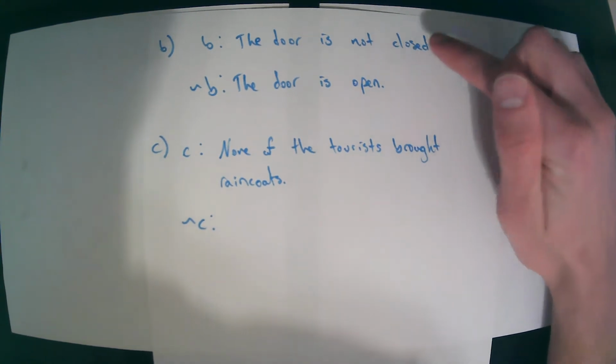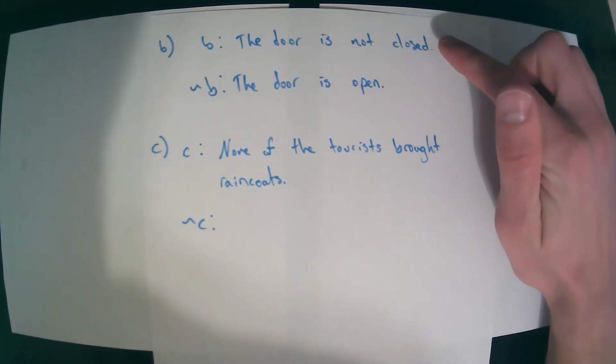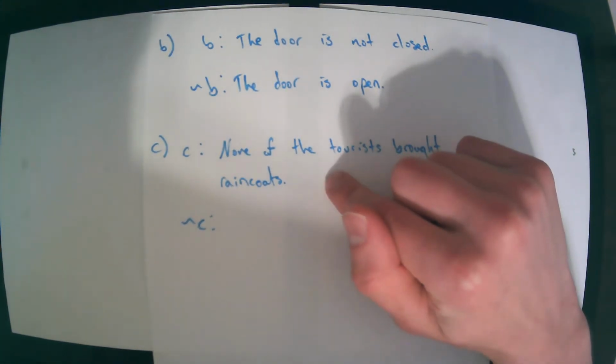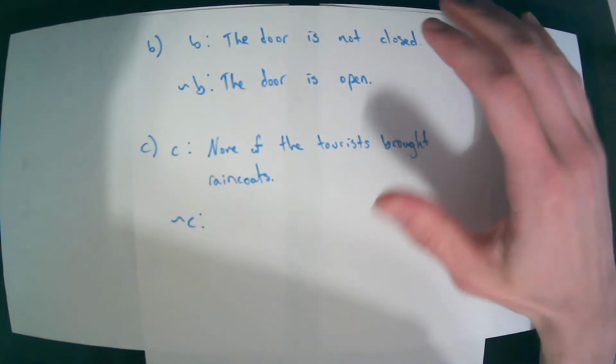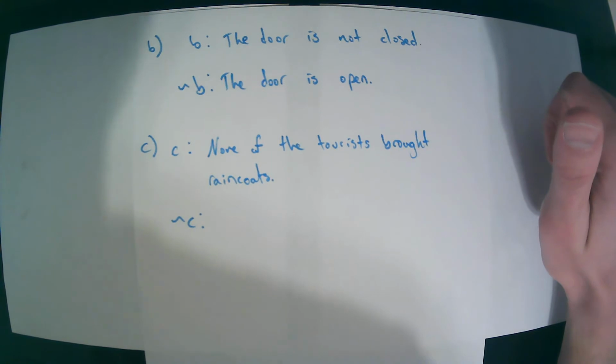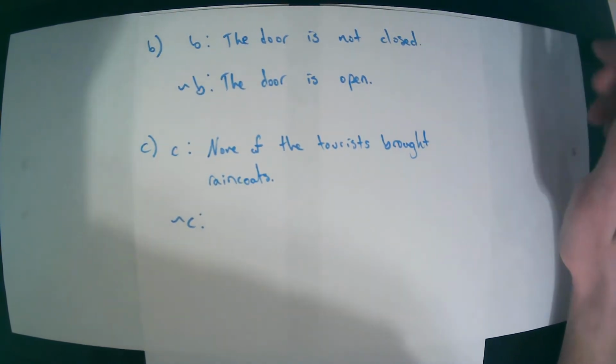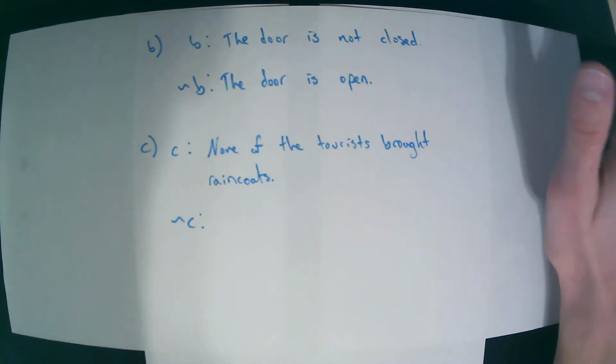So back here with example B, there is no quantity, right? There's one door and it's either open or closed. But here, there's a gray area where you could have one of the tourists having a raincoat, all of them, at least one, 0, so there are many options.